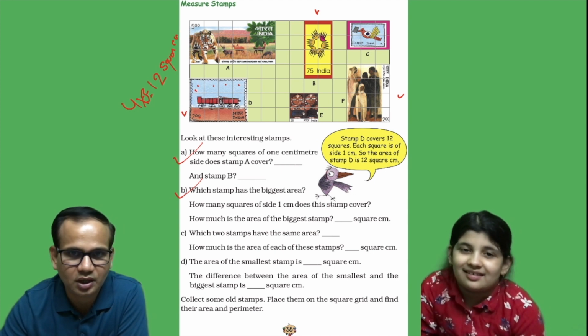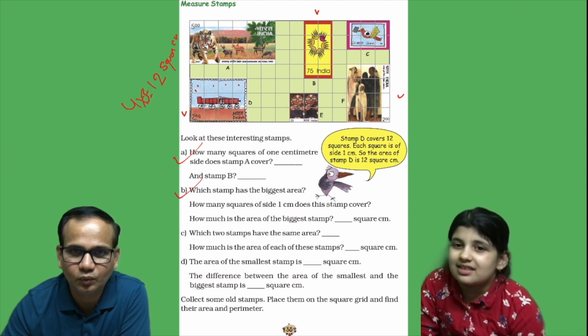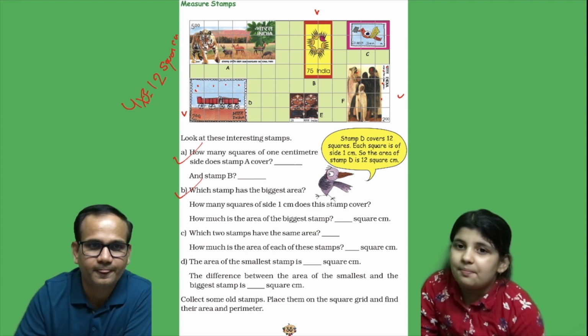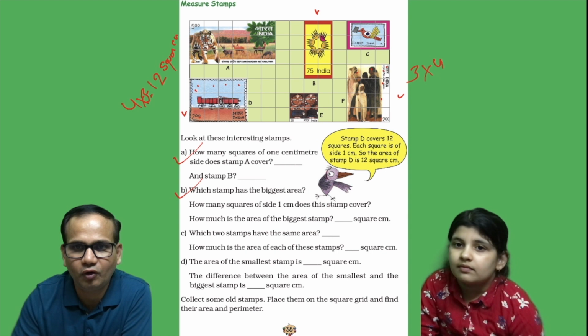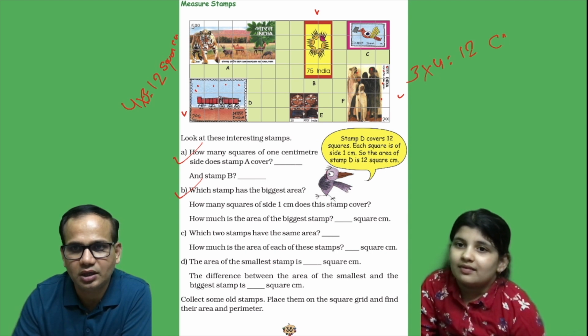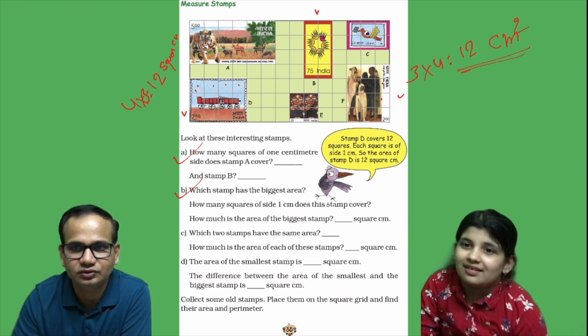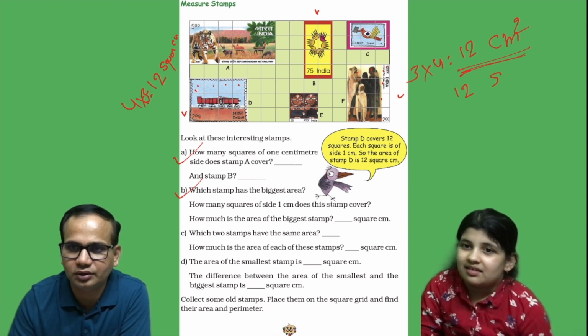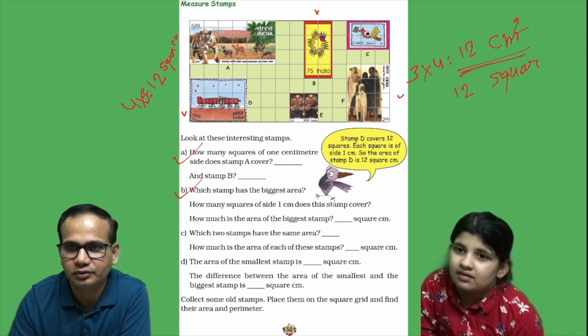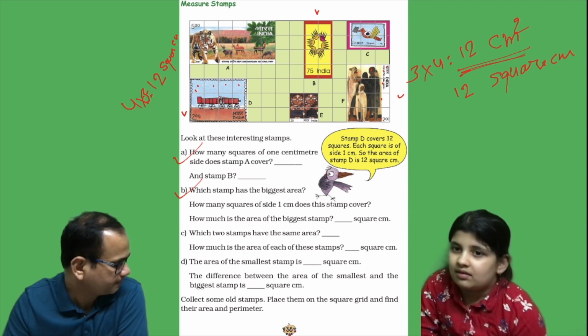And here, 1, 2, 3, 1, 2, 3, 4. Here also 3 multiplied by 4 equal to 12 square centimeter. I think better you should learn like this only. 12 square centimeter. Okay?